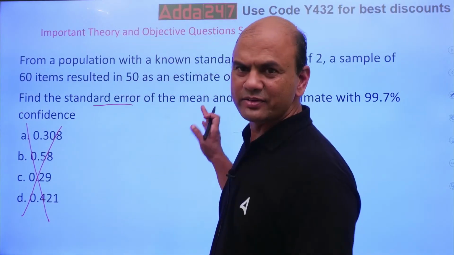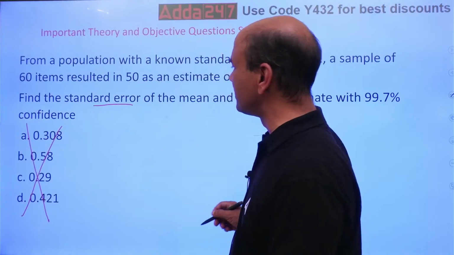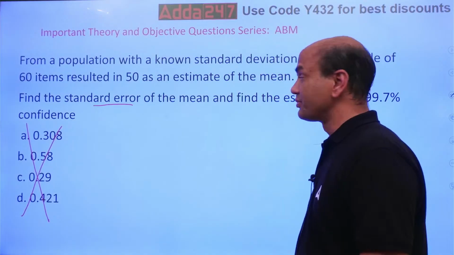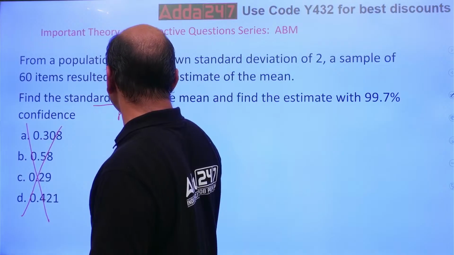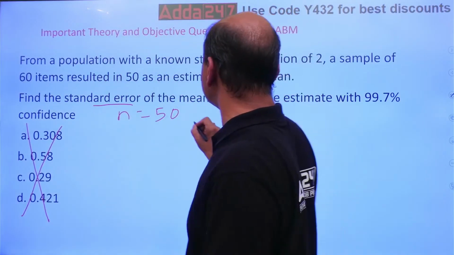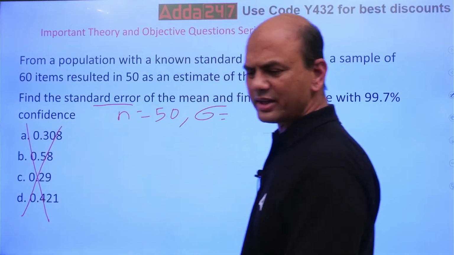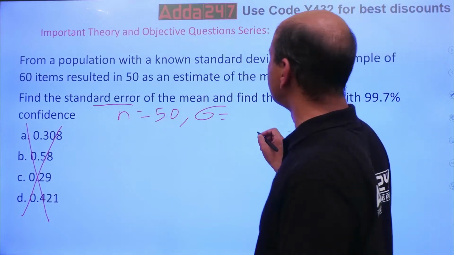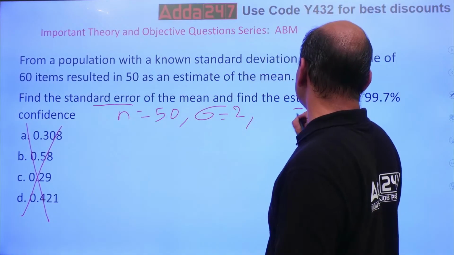Is the population size given? No. So it's similar to that earlier problem, it's practice, you can say. So n equals 50, and the standard deviation psi equals 2.